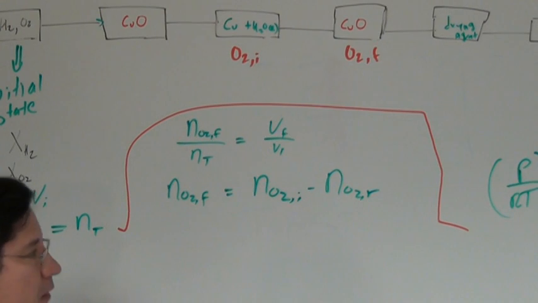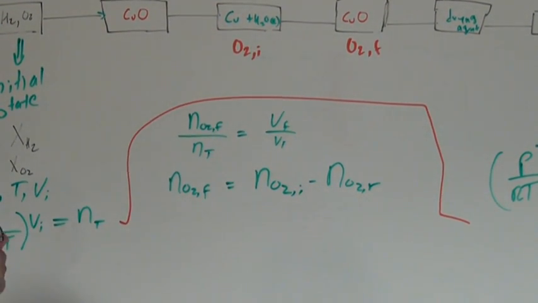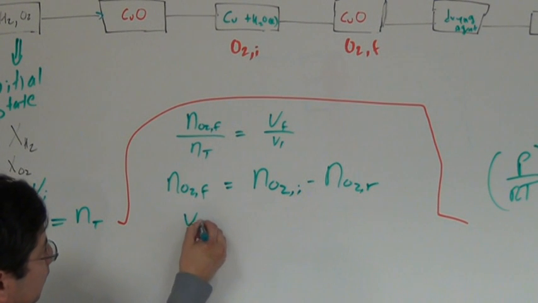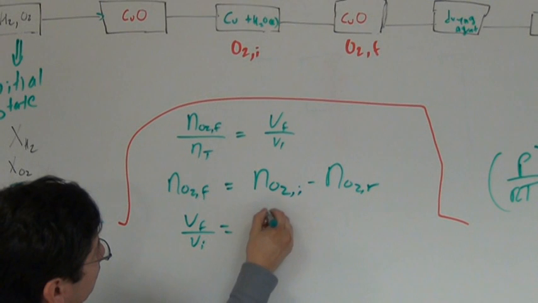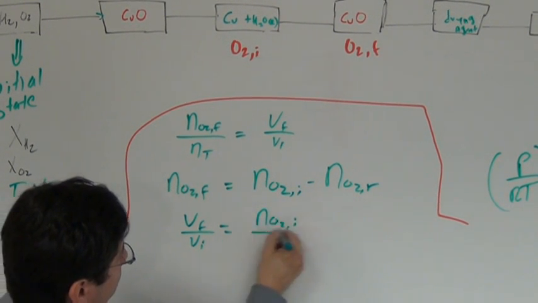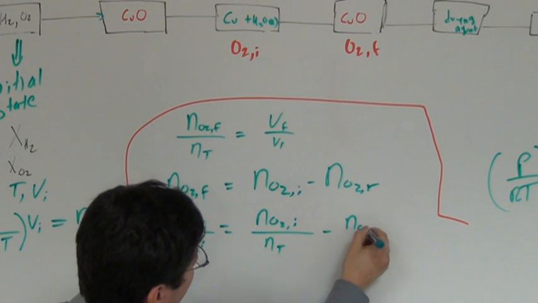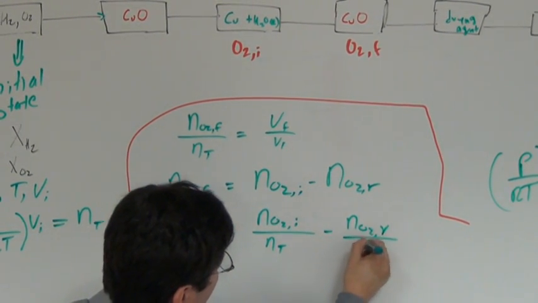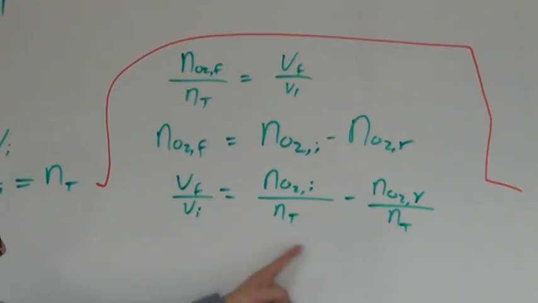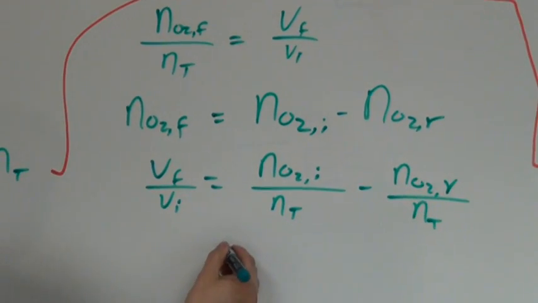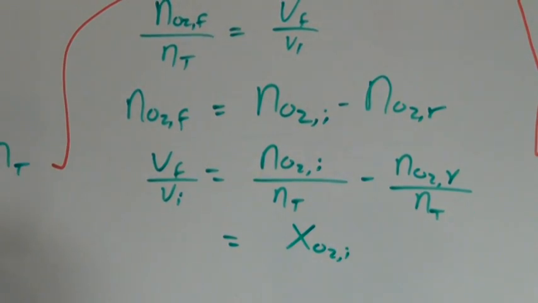Right? So if we use this information back into this initial equation, then you will see that VF over VI is equal to N_O2I over NT minus N_O2R over NT. This part here is nothing more than the mole fraction of O2 in the initial state.